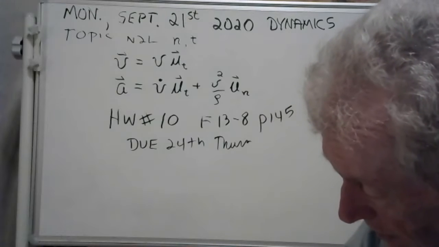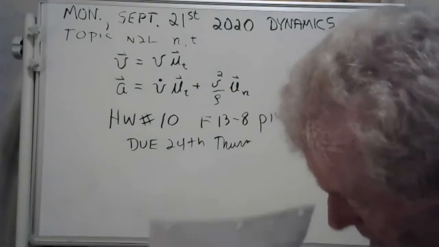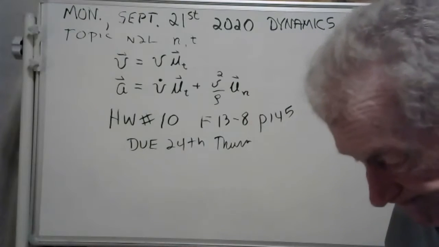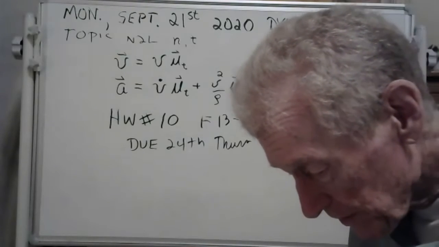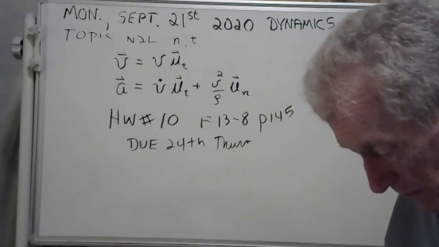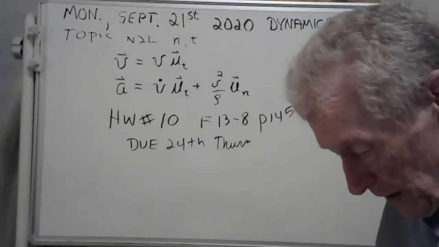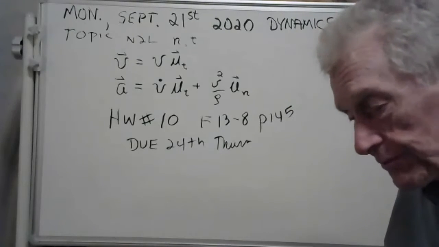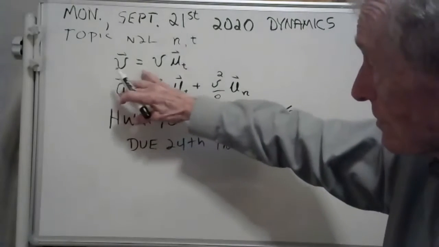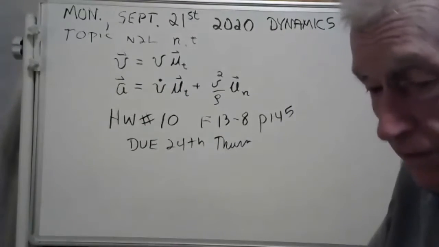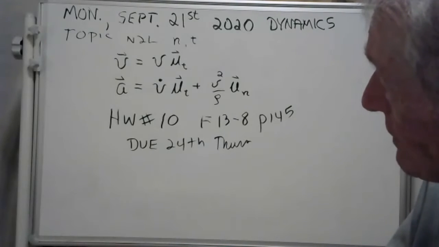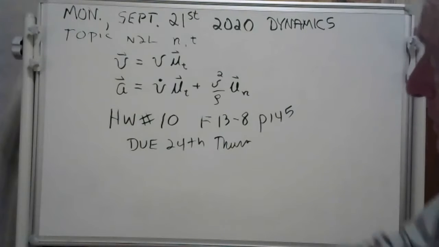Okay, well then let's just do some problems. I wanted to do a problem here. This is problem F1311. Yeah, let's do that. So I'm going to erase all this stuff. These equations are in the front flap of your book. I think they write them a little differently, though.